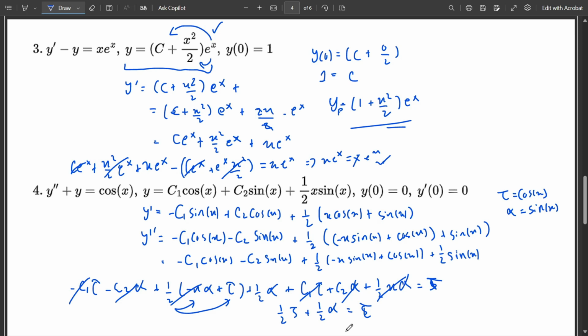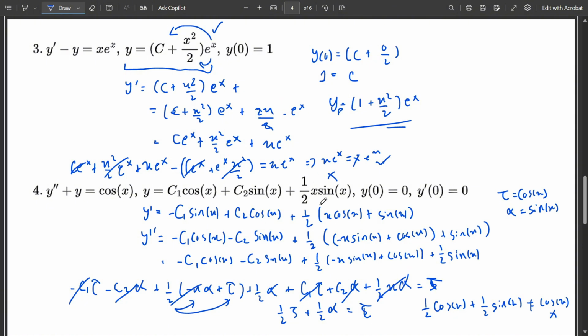So a half cosine of x plus a half sine of x does not equal cosine of x. So this is not a solution to this differential equation.